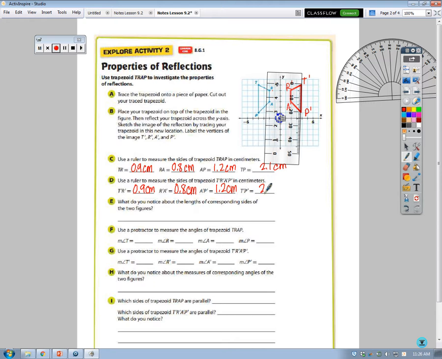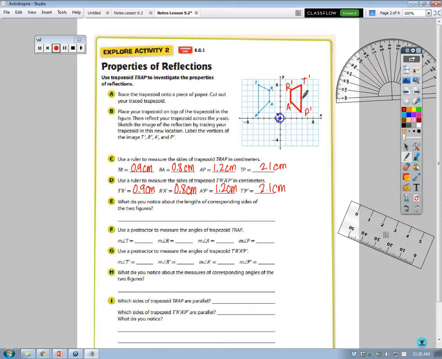So we're looking at the same measurements, the same side length from our pre-image to our image, which means our side lengths are congruent. They are the same size, same shape, which is what it's asking us to notice about in these ones. So what do you notice about the lengths of the corresponding sides? We can say they are the same. Let's do the lengths of the pre-image and image are the same.